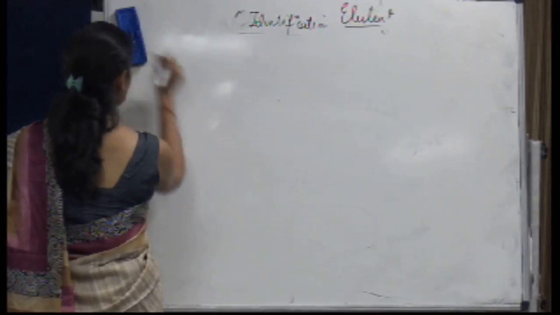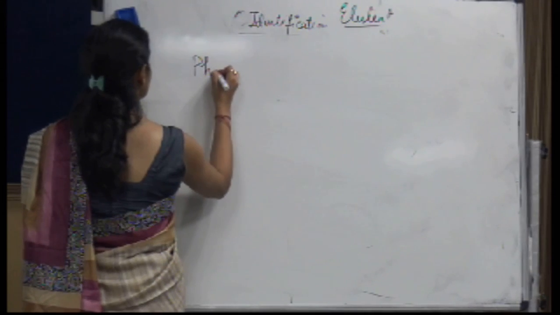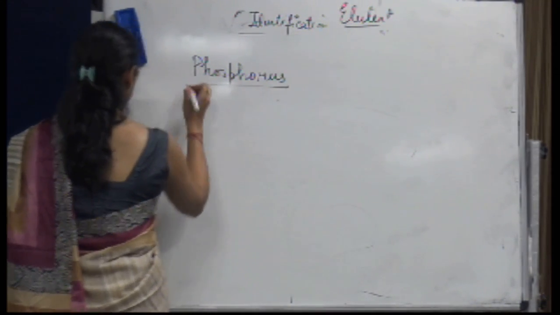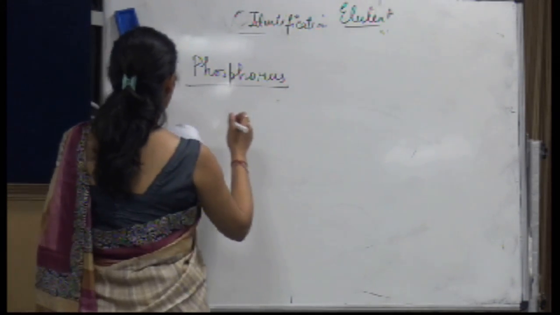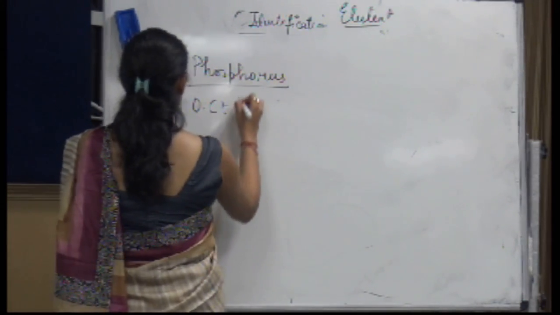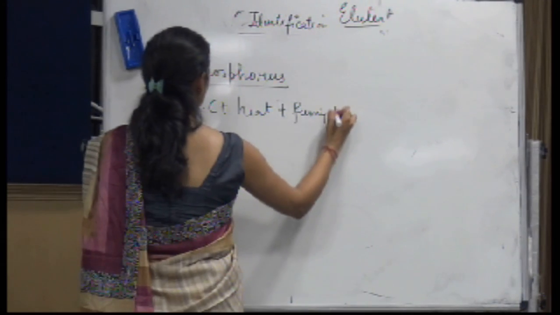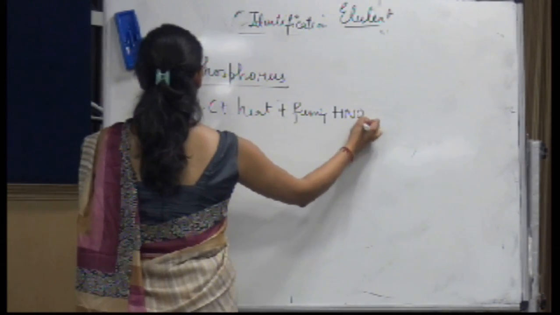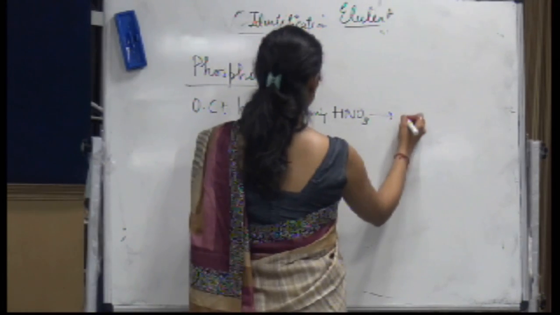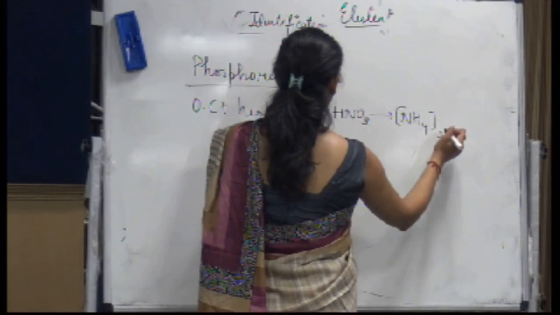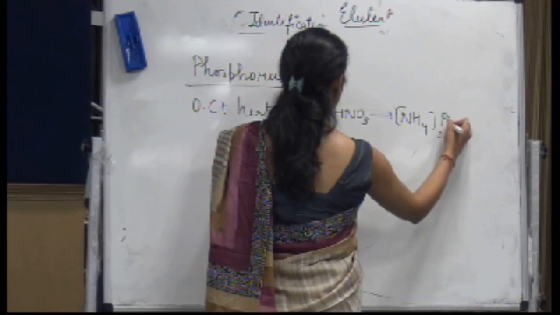Next, we have estimation of phosphorus. For this, you will take the organic compound and heat it with fuming nitric acid, and the phosphorus would get oxidized and form ammonium phosphomolybdate.